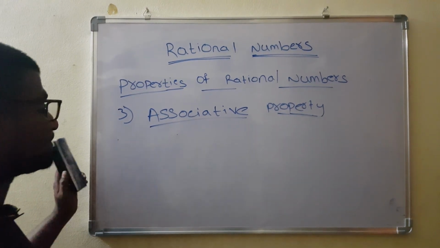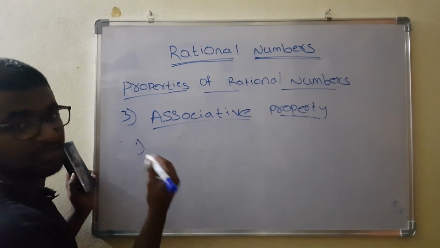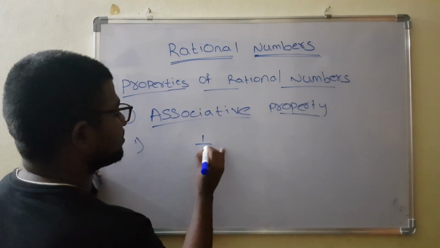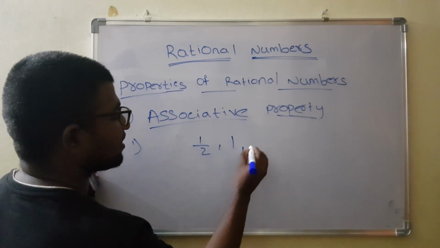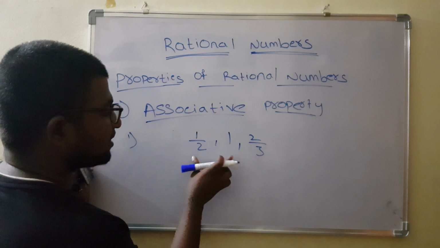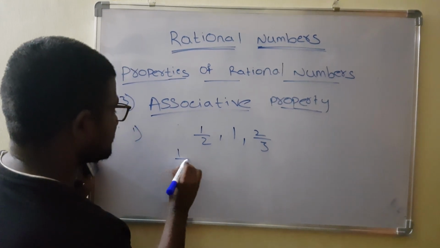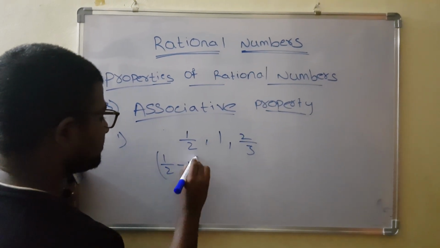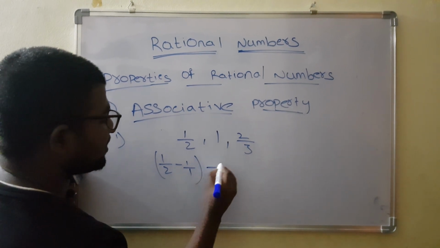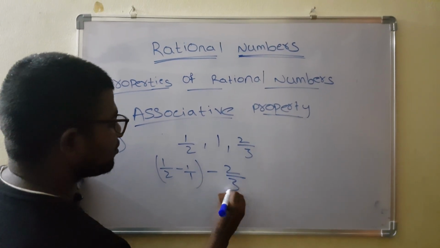Now associative property on subtraction. Consider three numbers, that is 1 by 2, 1, 2 by 3. Consider these two numbers, that is 1 by 2 minus 1, then minus 2 by 3.